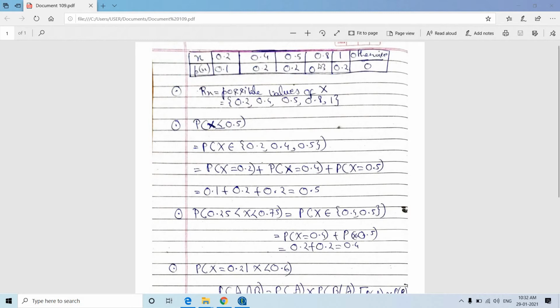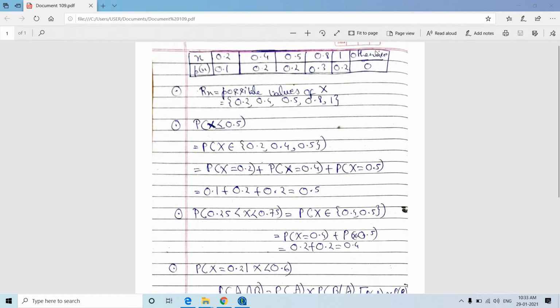Now suppose there is one random experiment for which the possible outcomes or set of values are 0.2, 0.4, 0.5, 0.8 and 1. The corresponding probabilities are 0.1, 0.2, 0.2, 0.3 and 0.2, and 0 otherwise.